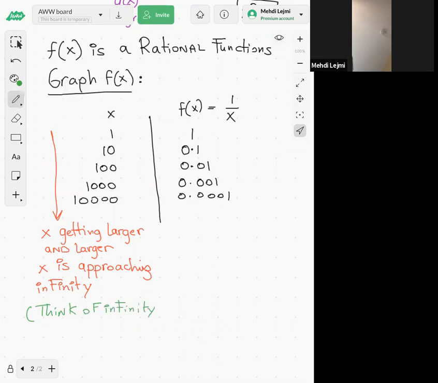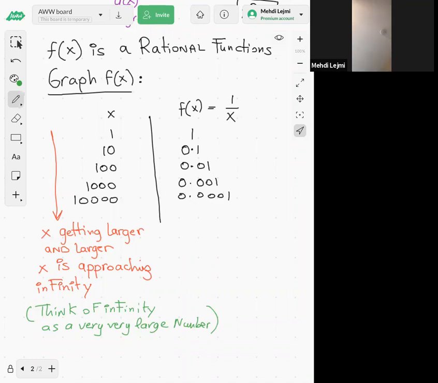Formally it's not a number, but you think of it as a very, very large number. So x is approaching infinity.